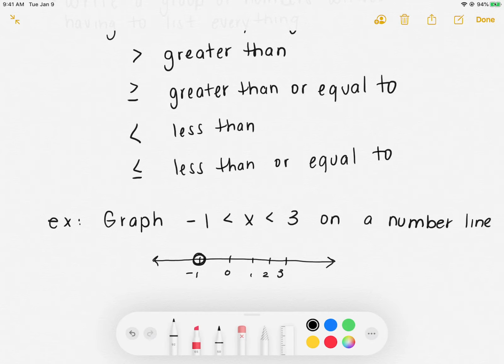When I have the equal to, if I can actually have -1, then I shade it in, because I can include it. So I can get really close to -1 and really close to 3, and since x is in the middle, I want numbers bigger than -1 and smaller than 3. That's all these in here, right?